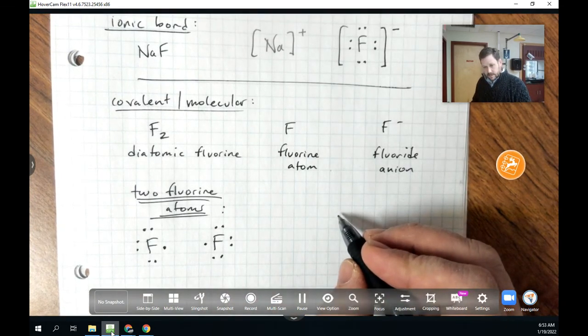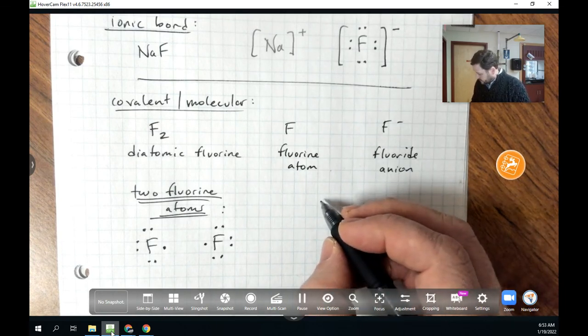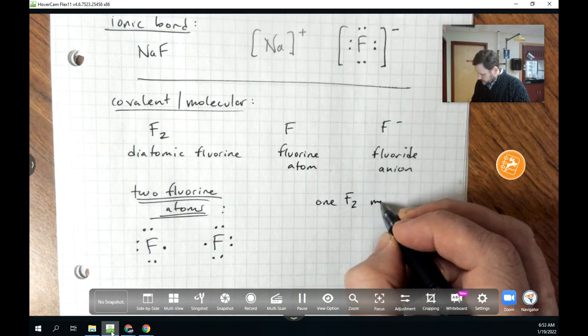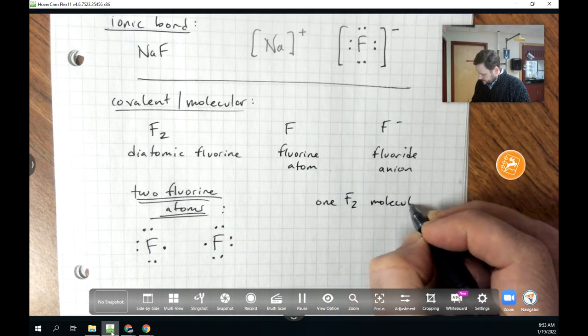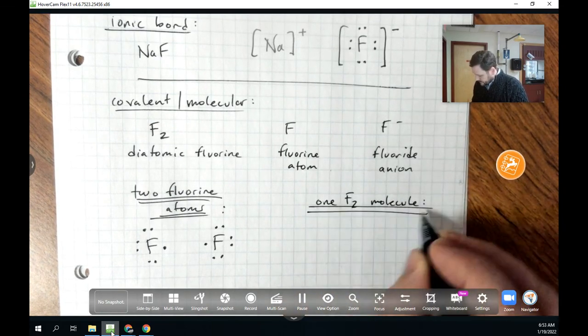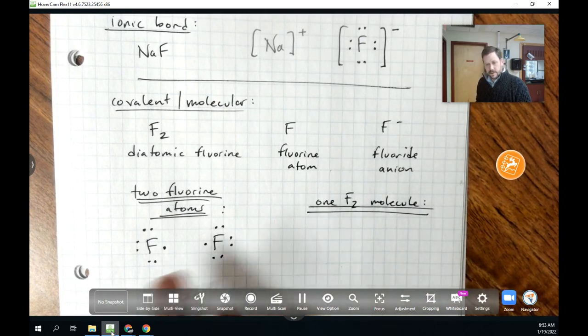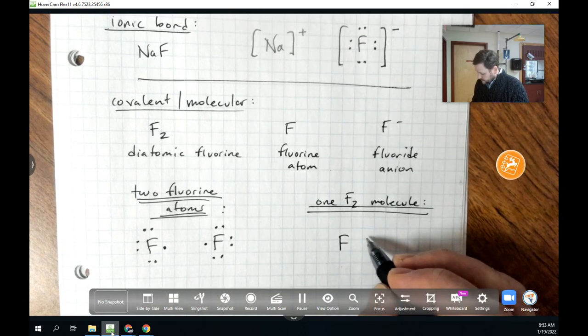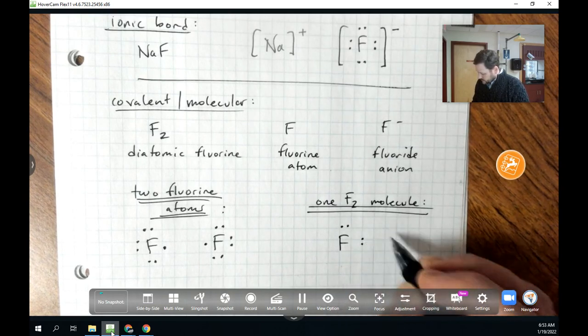And on this side of the page, I'm going to draw one diatomic fluorine molecule. And if you can imagine these two fluorine atoms being pushed together until their electron clouds overlap, we know that they can end up sharing those two electrons to get a full valence shell.